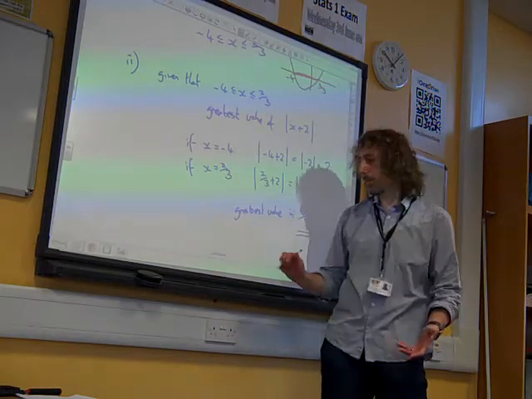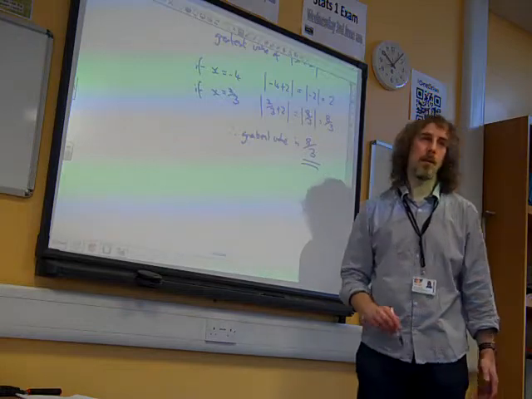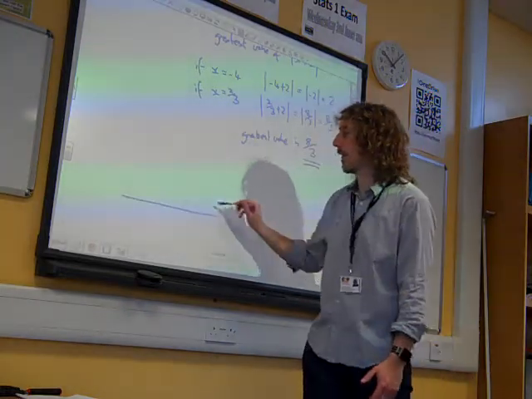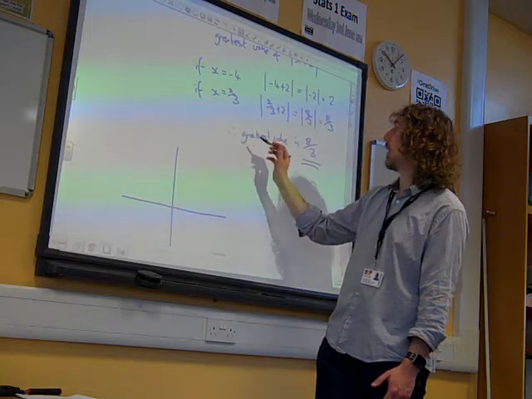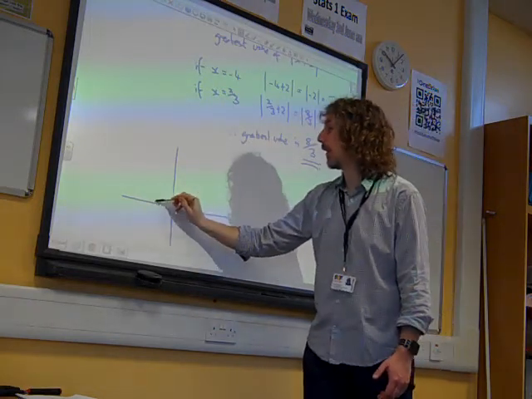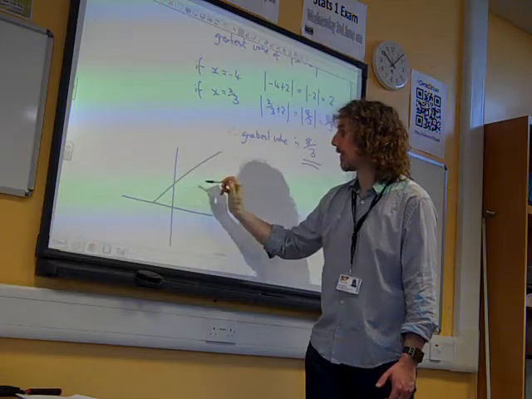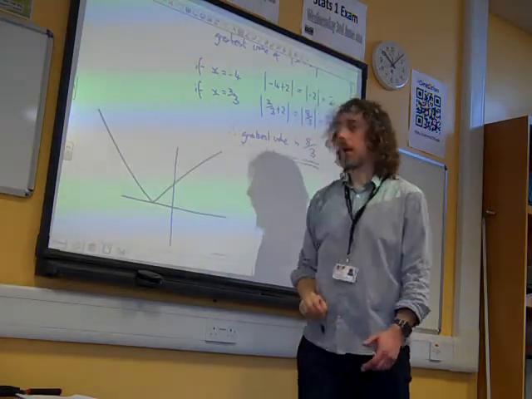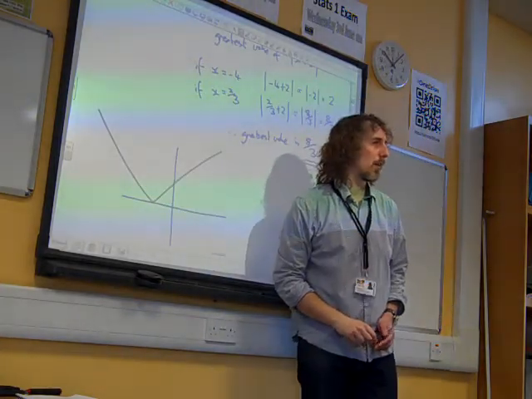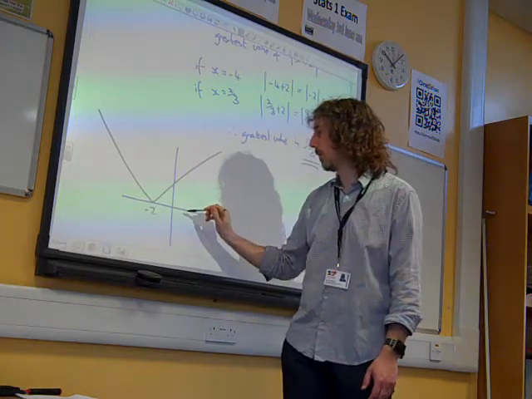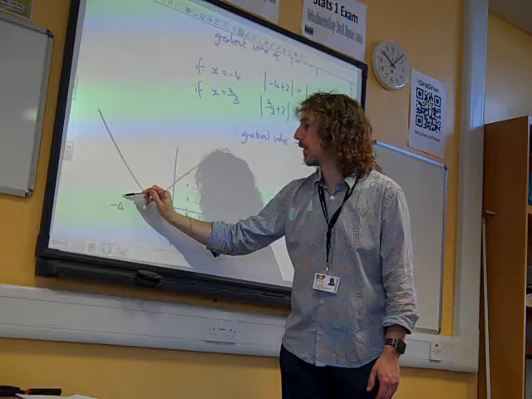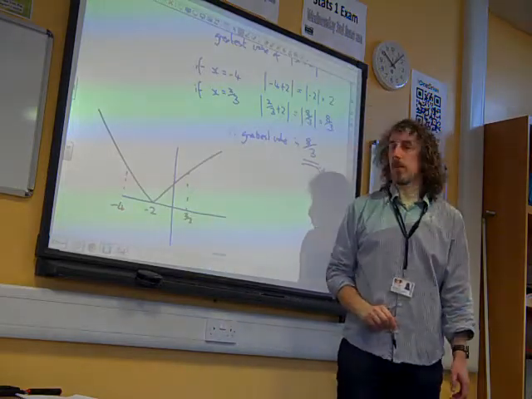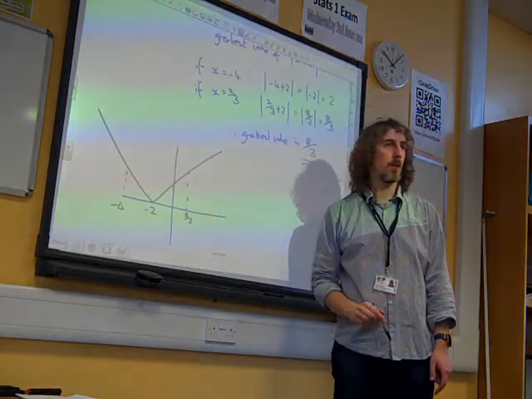Does that make sense? I might even have been tempted to just do another little sketch, because we like our sketches of these things. The modulus of x plus 2 is a graph that does that, except we're not drawing the whole graph. It points at minus 2, and we're only drawing it between minus 4 and 2/3.